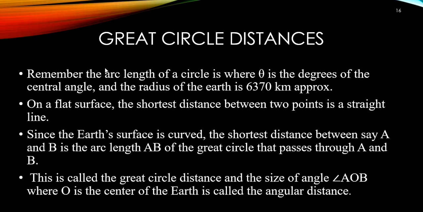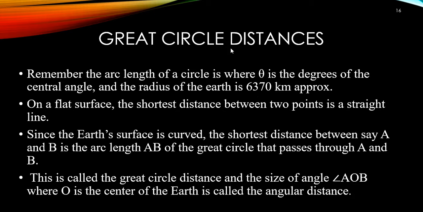And that's why, as we come to this other subheading, great circle distances, we say, remember the arc length of a circle, where theta is the degrees of the central angle, and the radius of the Earth is approximately 6,370 kilometers.